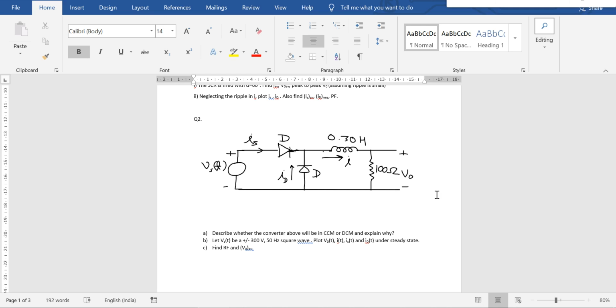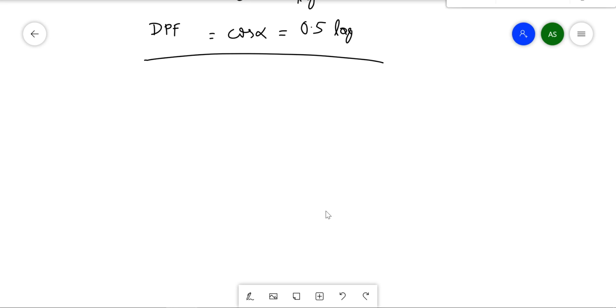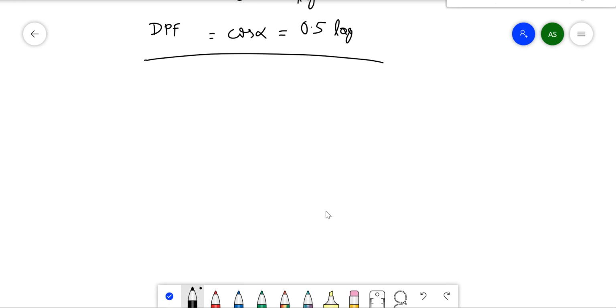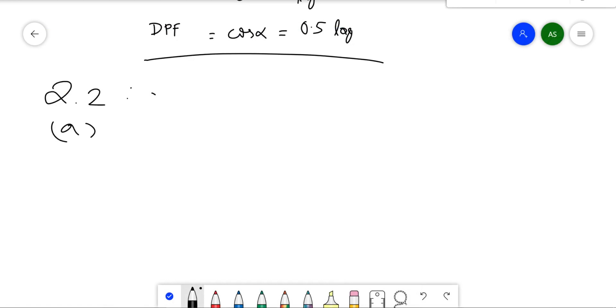So let's see. For the first part, let's see how the current waveform should be for this particular circuit.